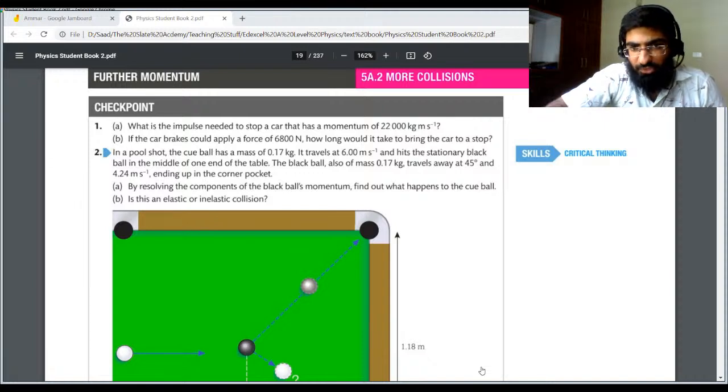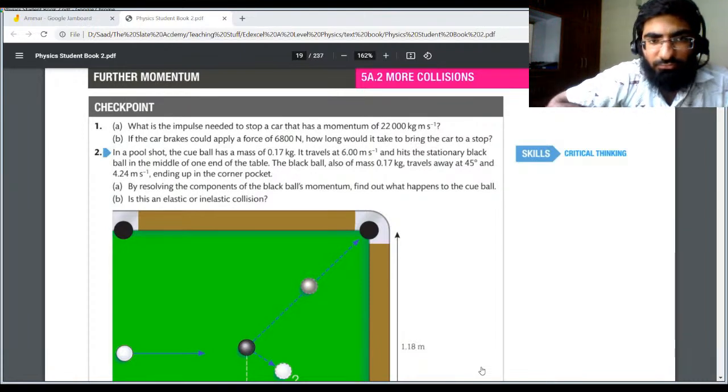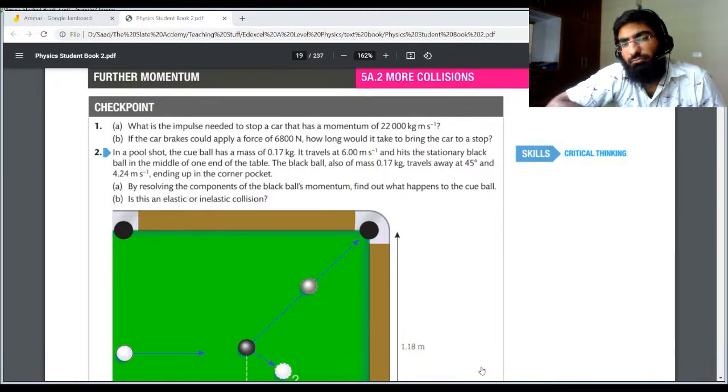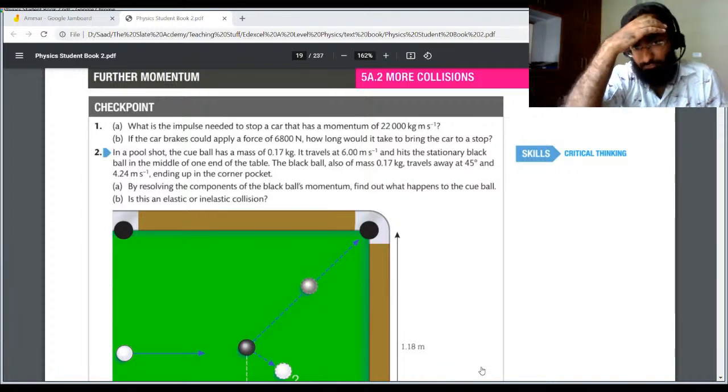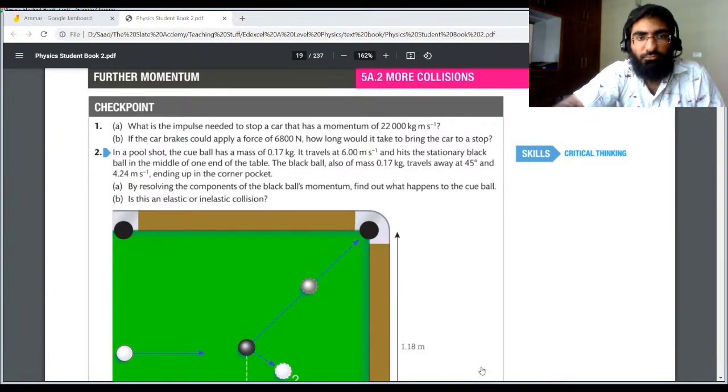Just, in simple plain English, explain what would happen to the cue ball. The cue ball would move at an angle. What do you think would be that angle?